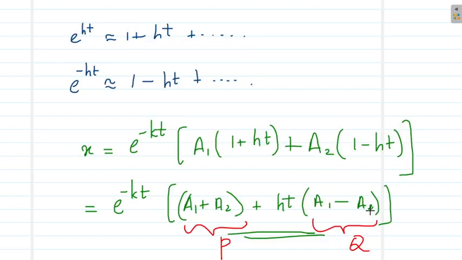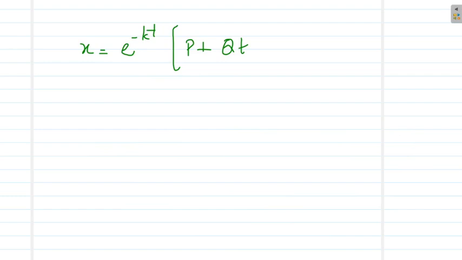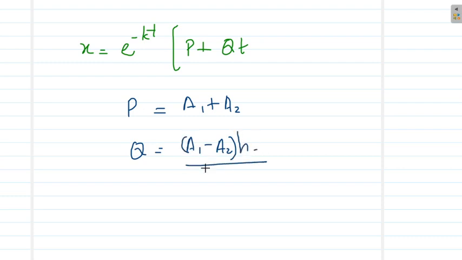So, here a1 minus a2 into h is chosen as q. p is equal to a1 plus a2 and q is equal to a1 minus a2 multiplied by h. So, under these two substitutions, x can be rewritten as x is equal to e raised to minus kt into p plus qt.